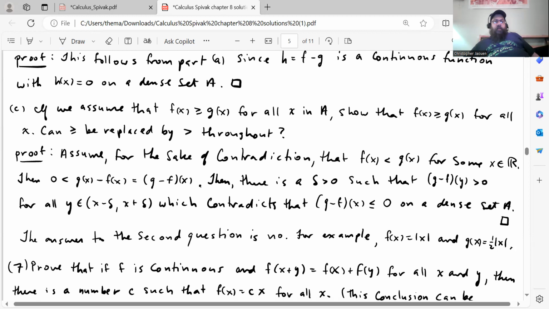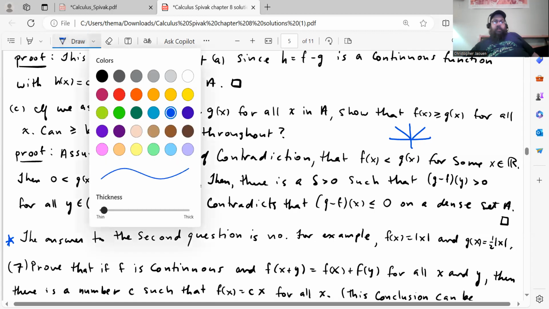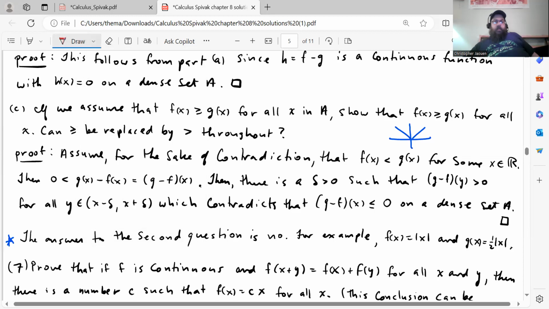Let's answer the question first, which I have written down here, and then we'll look at the proof. The answer to the second question is no. For example, if you take these two functions, f of x equals absolute value x and g of x equals 1/2 absolute value x, if you graph them, I'll have to do them in different colors just so you can distinguish between them.